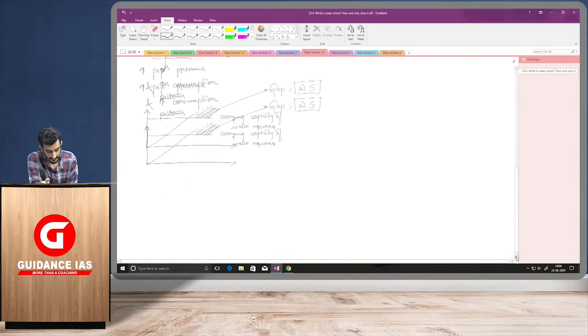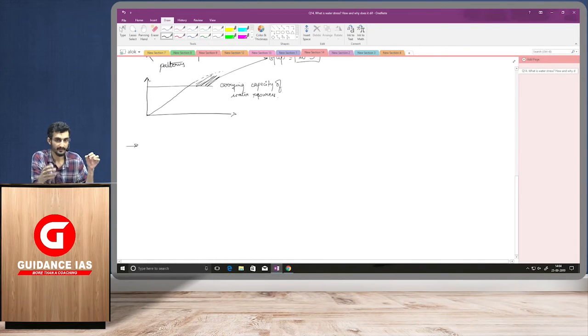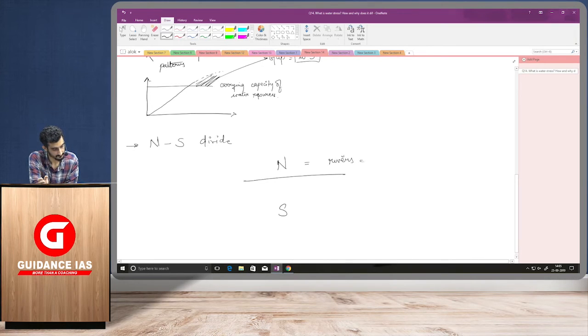Another way you can explain how this is variable in space or regionally varied is the north-south divide. So we know that the northern parts and the southern parts differ. Northern rivers are perennial. Here the rivers are seasonal. Much of the area is under the rain shadow effect of the Western Ghats.